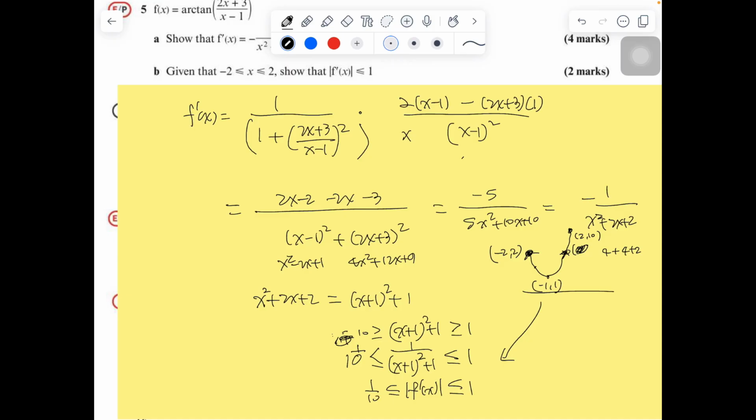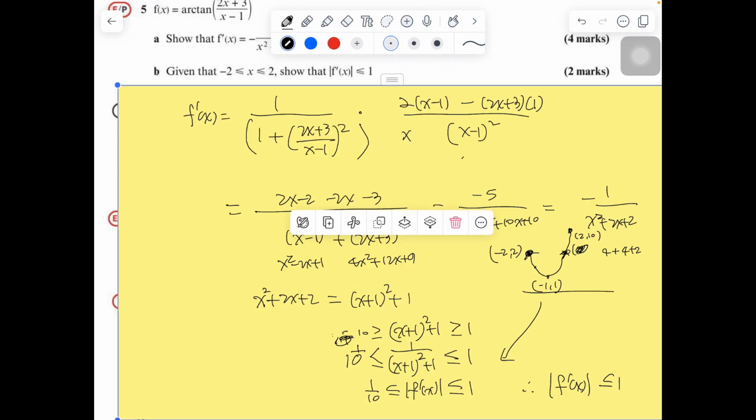But anyway, whatever it is, it's smaller than or equal to 1. Therefore, f prime of x is smaller than or equal to 1.